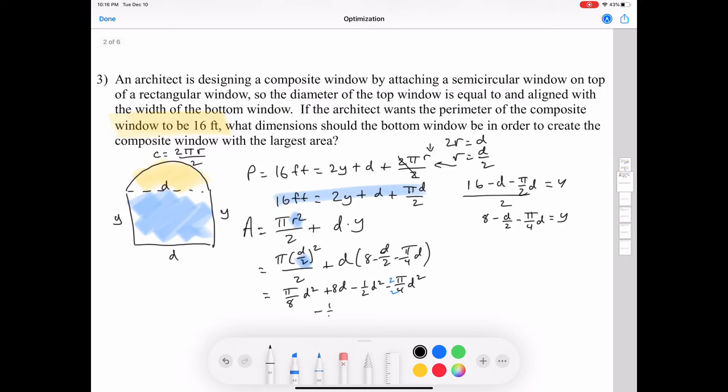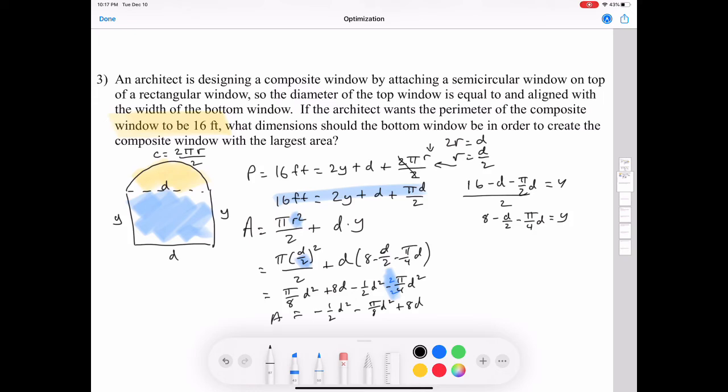Negative 1 over 2 d squared minus pi over 8 d squared plus 8d. We get that negative because up here, negative 2, and over here is a 1. Negative 2 plus 1 is a negative 1. Okay, that's my a value.